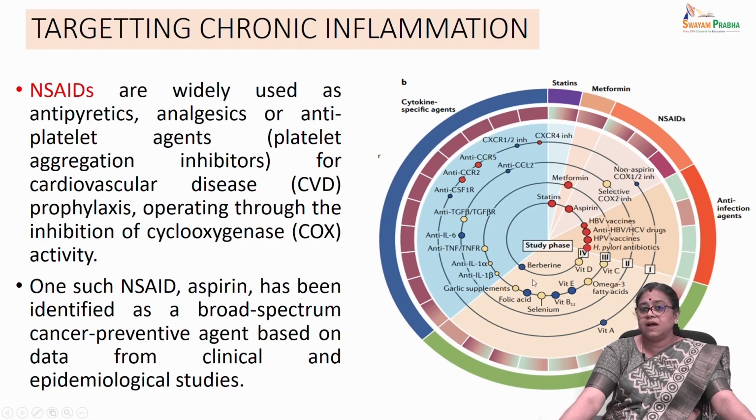These come as vitamin supplements and natural supplements, and then you have the NSAIDs in the form of COX-2 inhibitors, and the metformin and statins. All these are in different study phases, but found to be useful in targeting chronic inflammation.